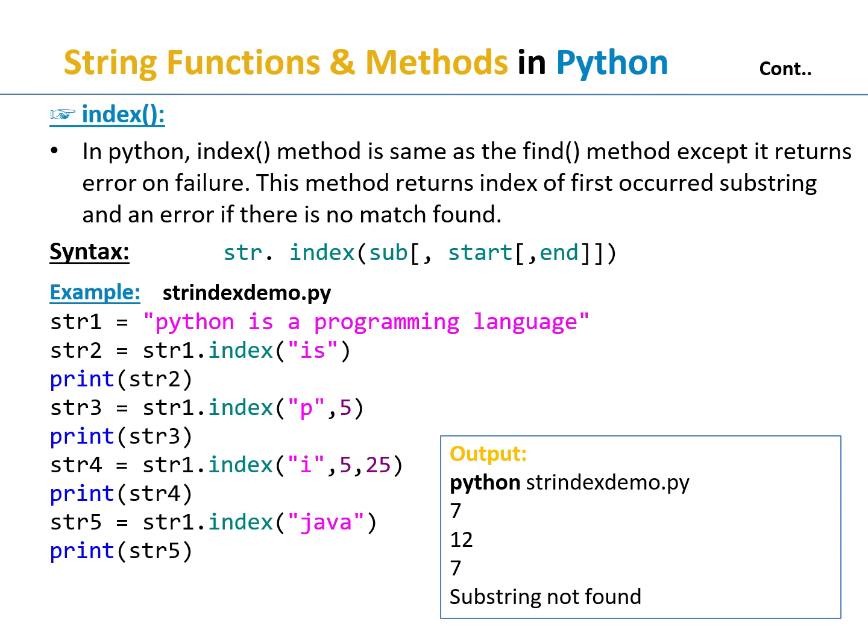The first p is in "programming" at index 12, so it prints 12. str1.index("i", 5, 25) searches for i between index 5 and 25. The first i is at index 7, so it prints 7. And then str1.index("Java"): Java is not in the string, so Python throws a ValueError because the substring is not found.